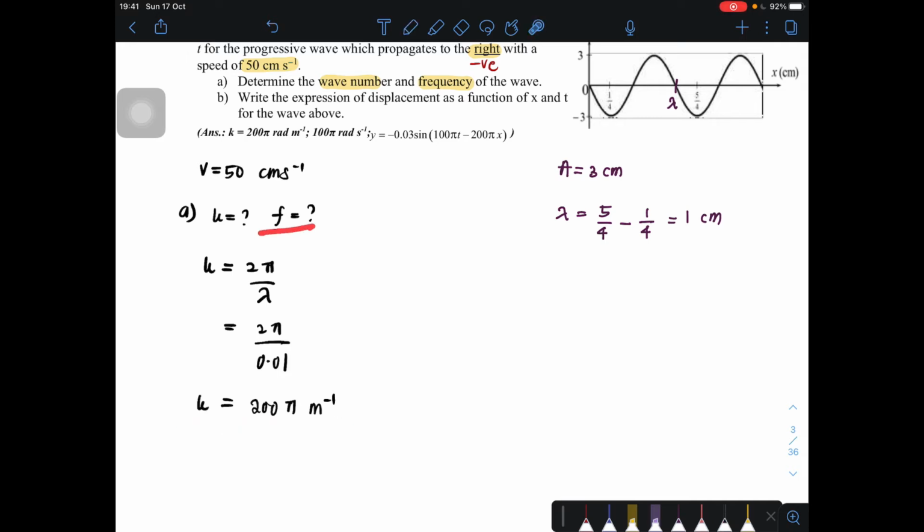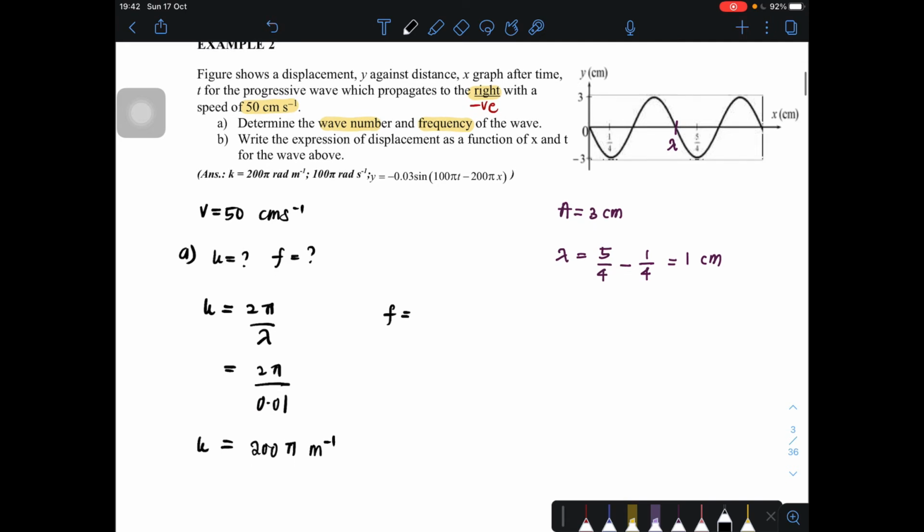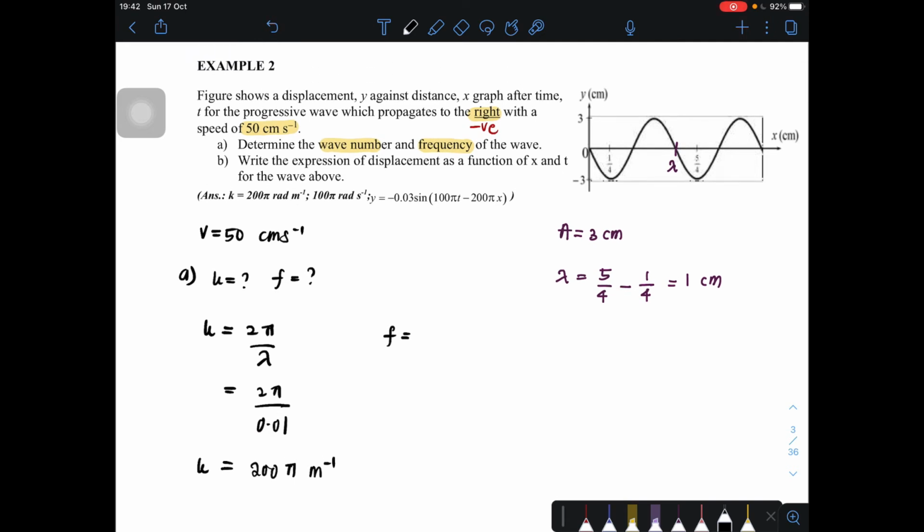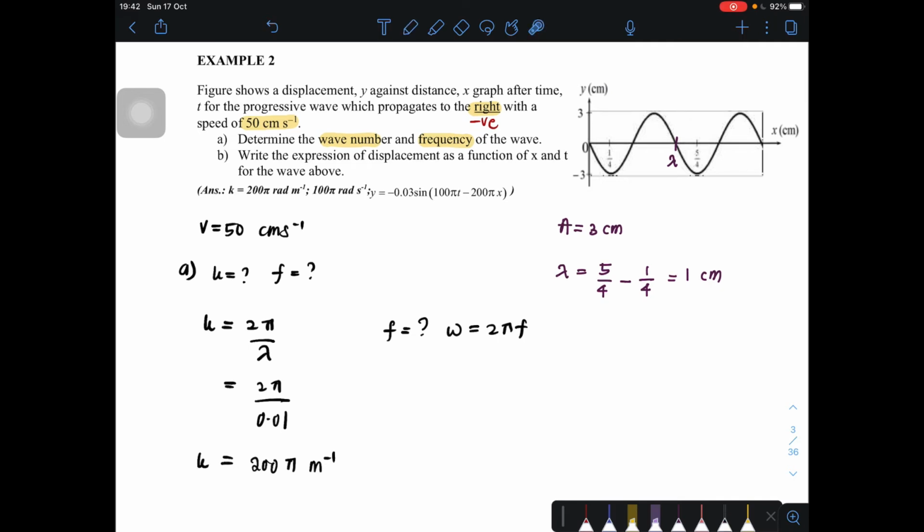And then next one is the value for f. We can get the value for f either from the omega, but since we are not given the value for omega, and we are also not given the value for period, because we know frequency is equal to 1/T.